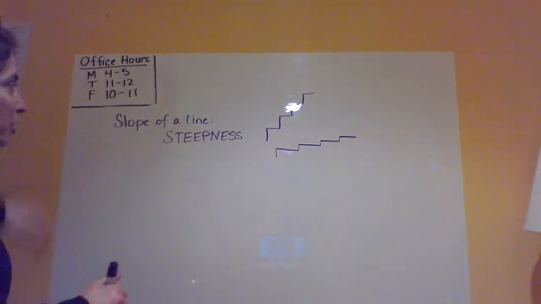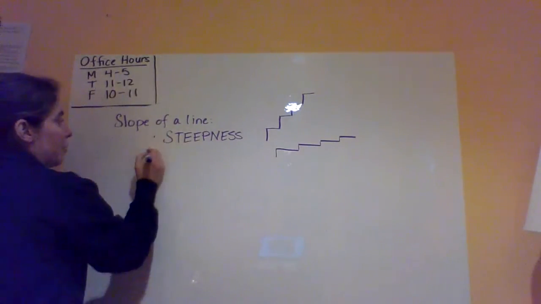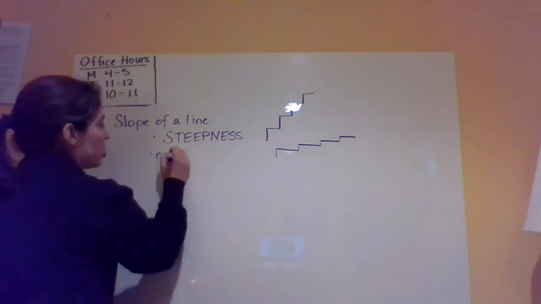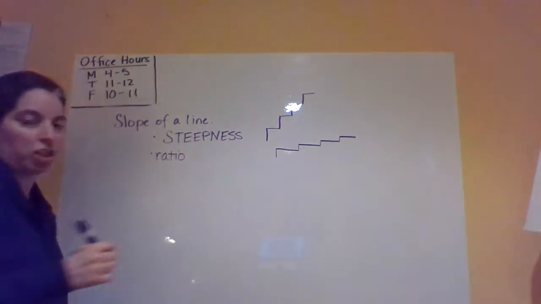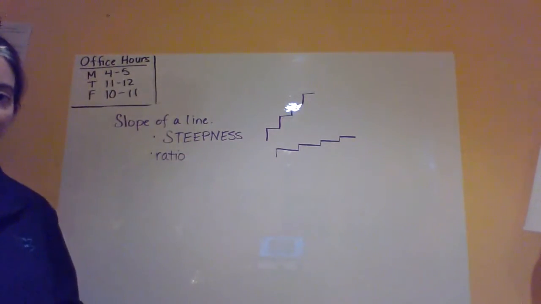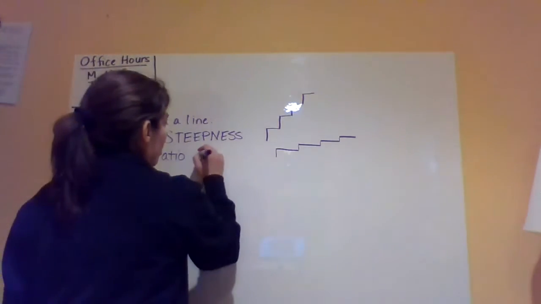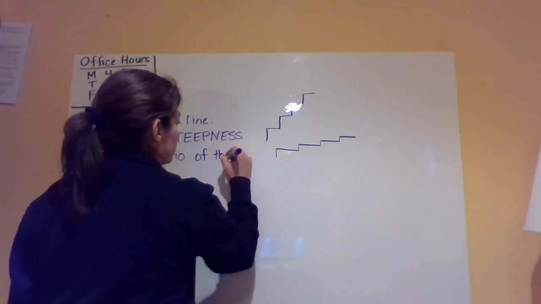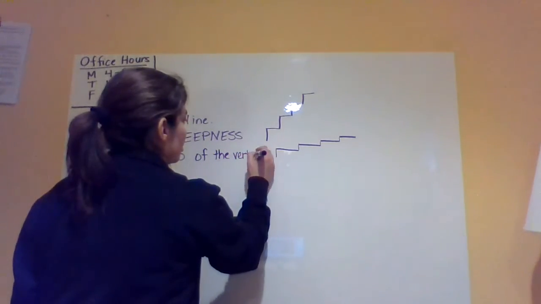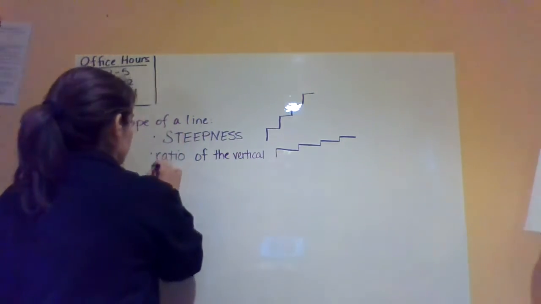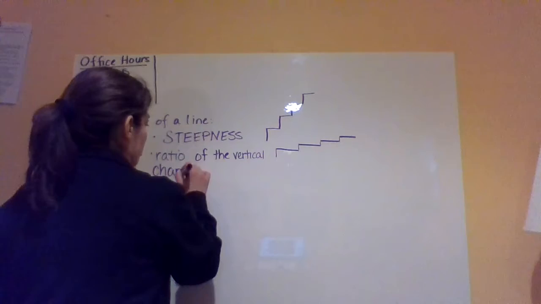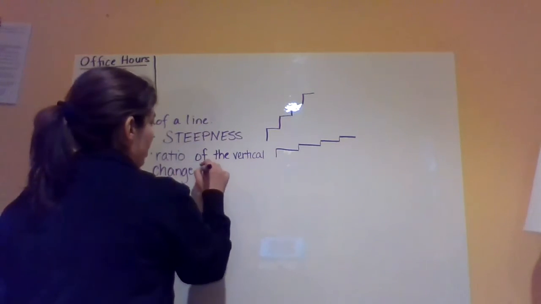The slope is the steepness of a line, and mathematically, it's the ratio, okay? A ratio is a comparison of two things. We often write it as a fraction. So it's a ratio of the vertical change to the horizontal change.